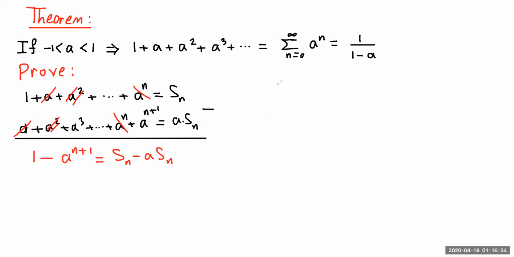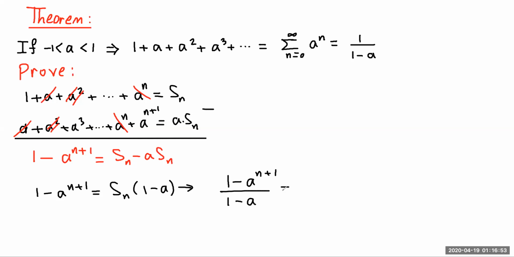If I take Sn outside as a factor, I will have 1 minus a power n plus 1 equals Sn times 1 minus a. So finally, 1 minus a power n plus 1 over 1 minus a equals Sn.